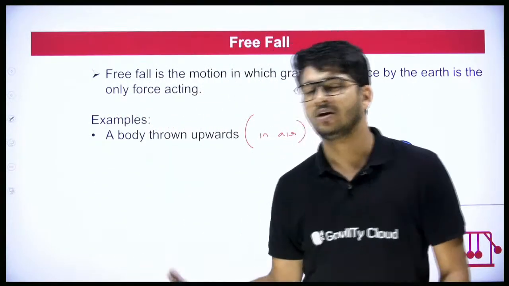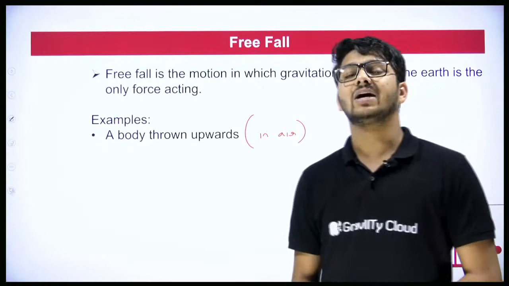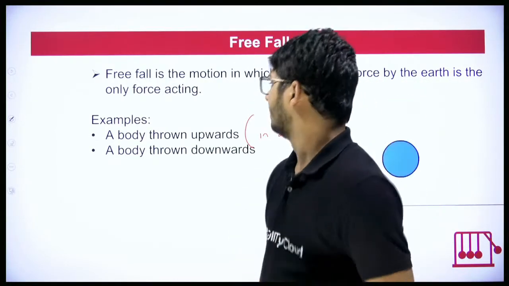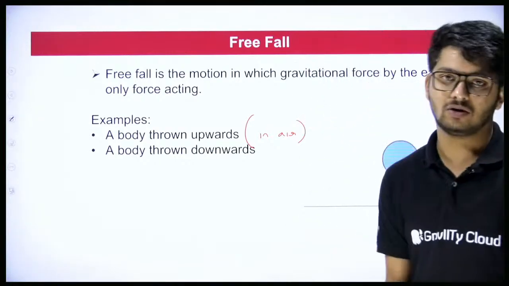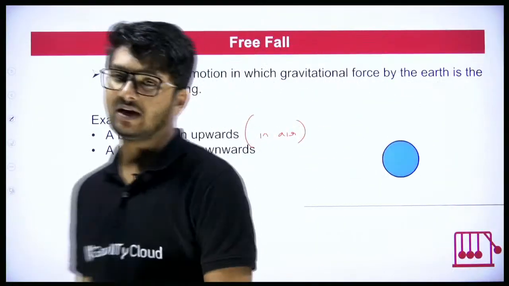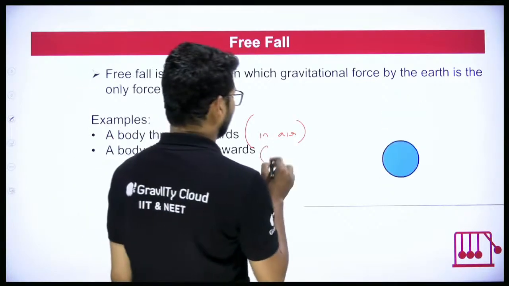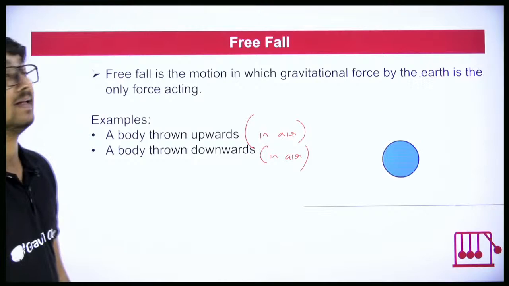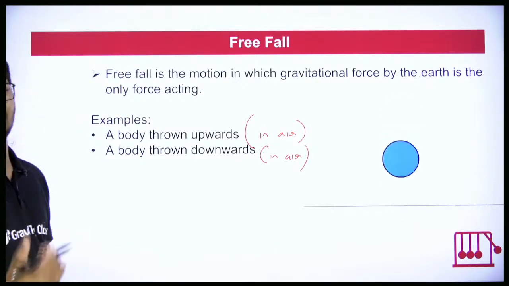When compared to gravitational force, air resistance is less, so you can neglect it in that case. And then again another case, a body thrown downwards, again the same thing, when the body is in air, not touching the ground, not touching anything else, then we can say that the body is in free fall.